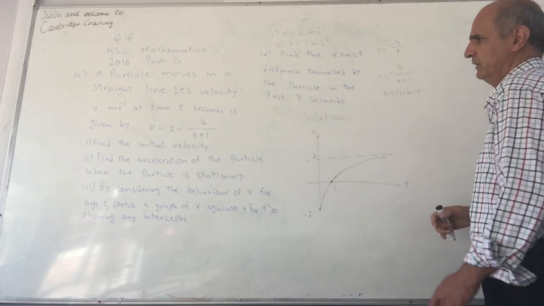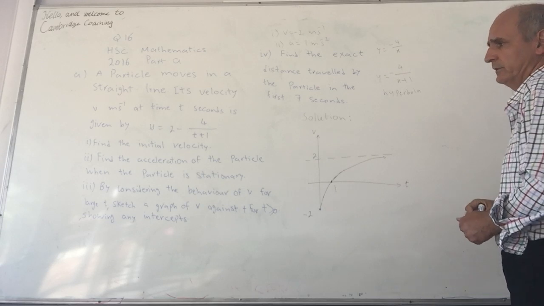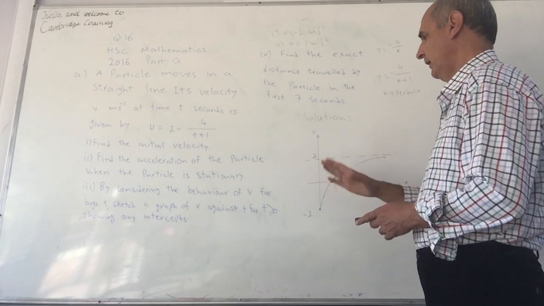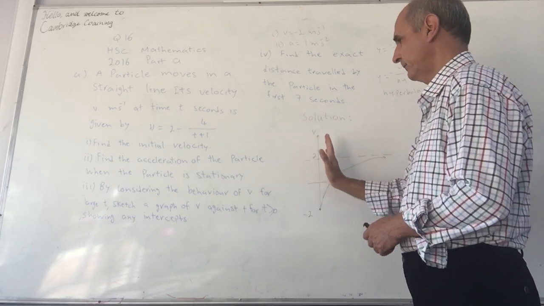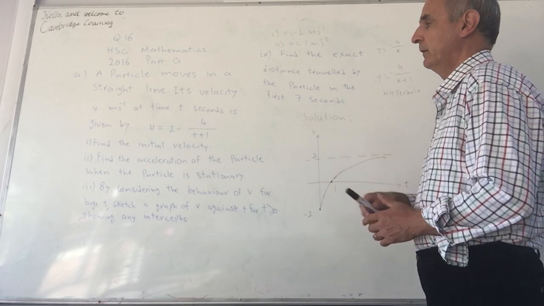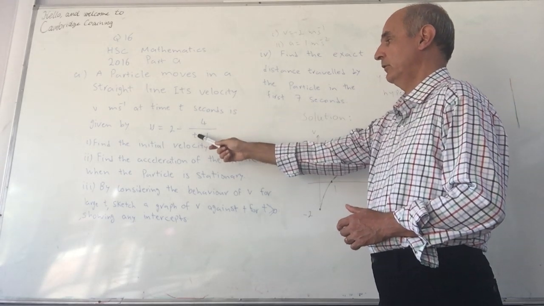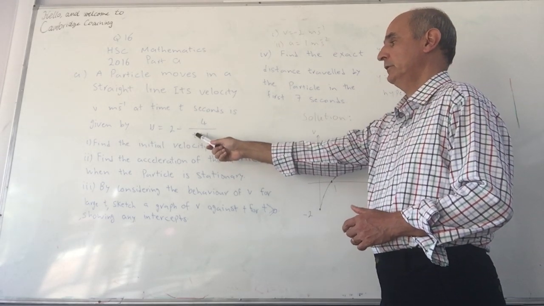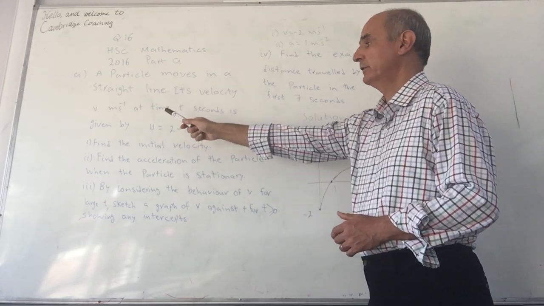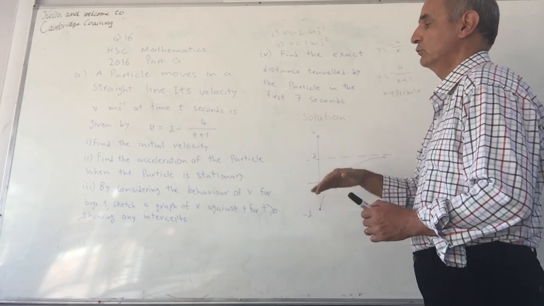That's another way that you can look at it. So basically you draw a hyperbola and then you give it the shifts that you need. You have 2 shifts. One is along the t-axis to the left by 1, and the other one is along the v-axis, 2 up.